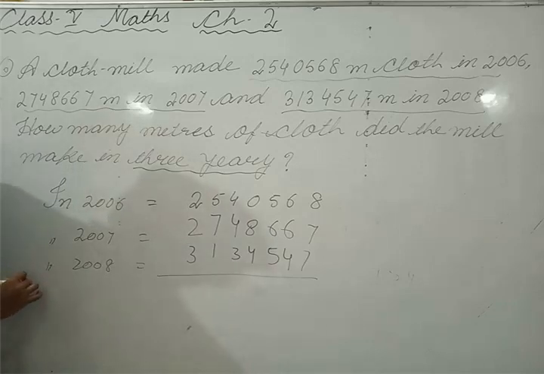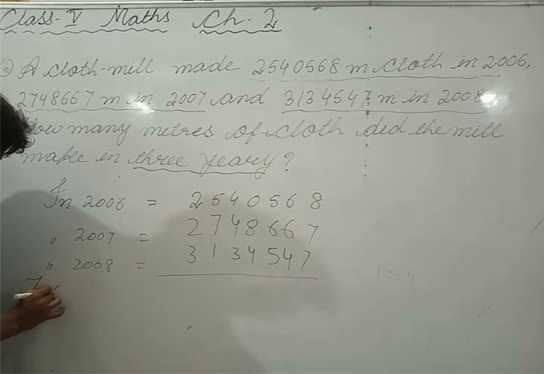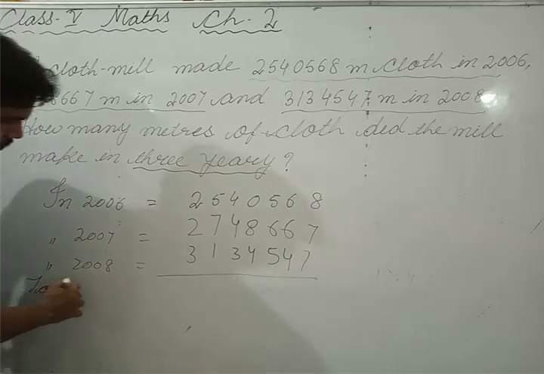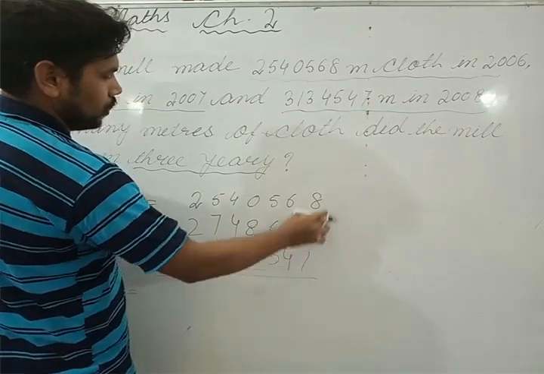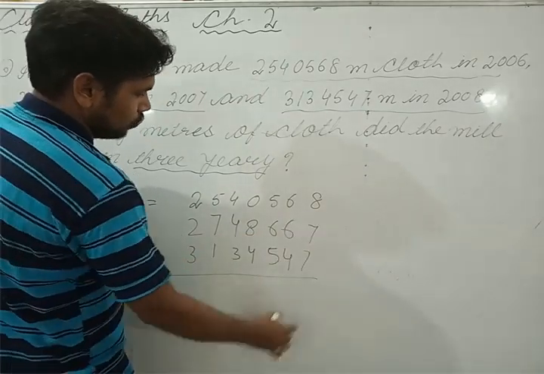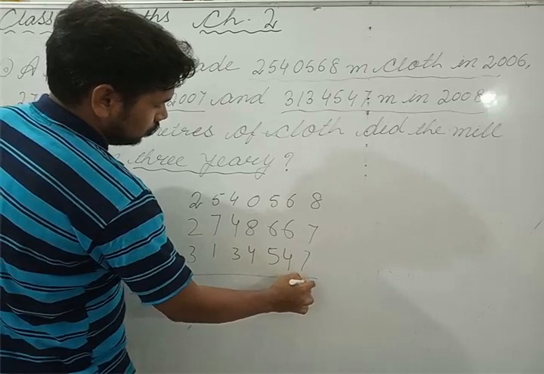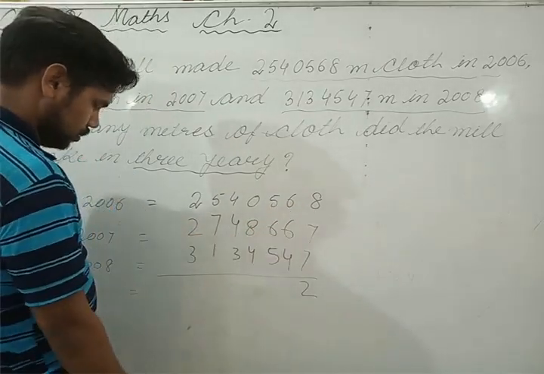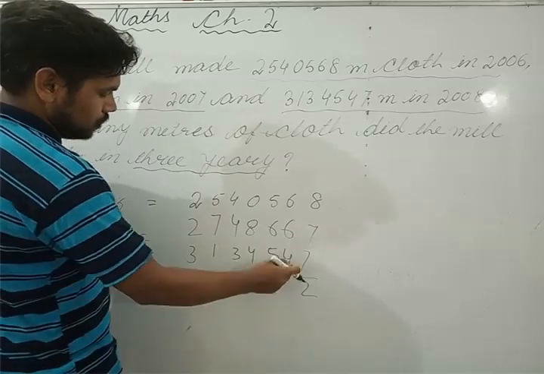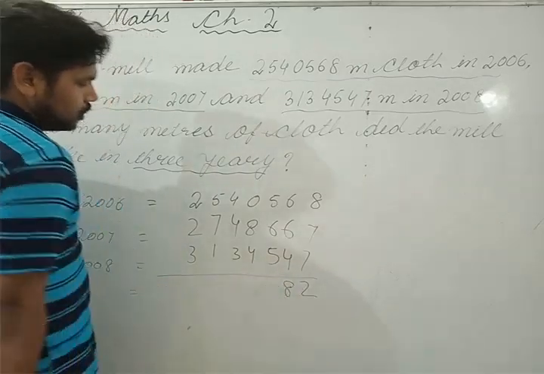So total is equal to 7 to the 14, 14 plus 8 is 22. So 2 carry 8. 8 plus 6 is 14, 14 plus 4 is 18, 8.